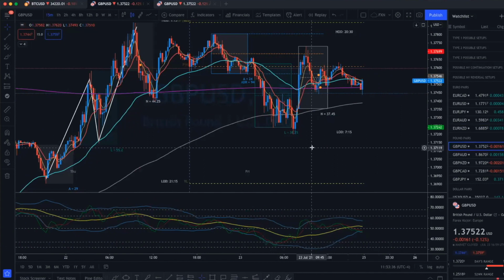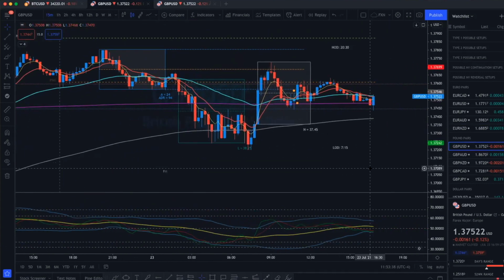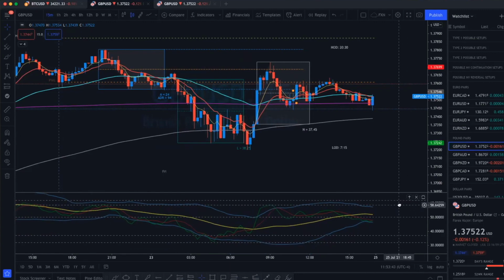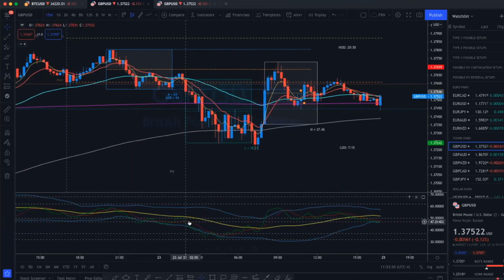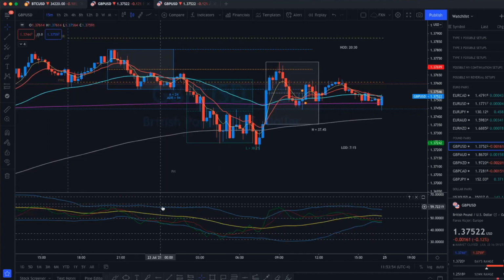Notice, this is a type 1 setup here. Where's the TDI here? What I'm looking at primarily is these blue lines, which are Bollinger Bands, basically. This represents the behavior of the market.